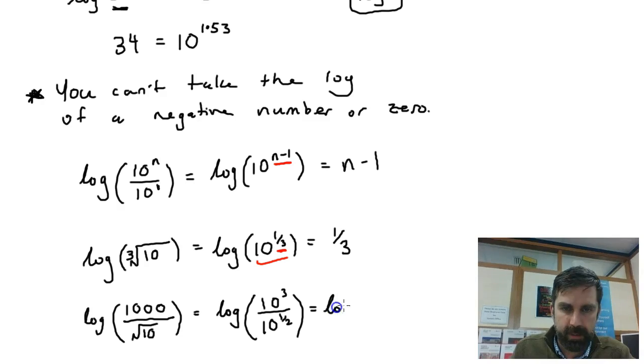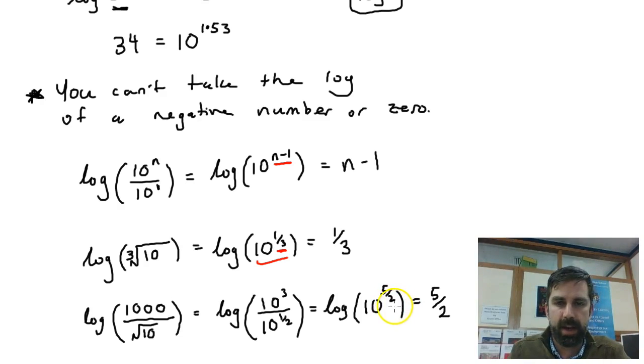And if we use our index laws, it's going to be 3 minus a half, which is 2.5, or 5 over 2. And now that we've simplified it to the simplest possible power of 10, the answer is going to be 5 over 2, because that is the power of 10 that we're talking about.